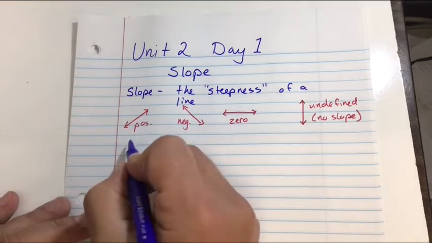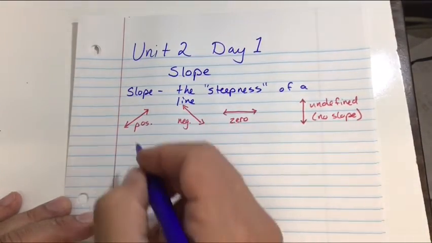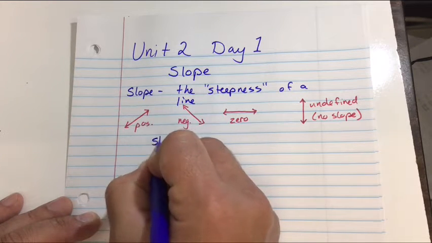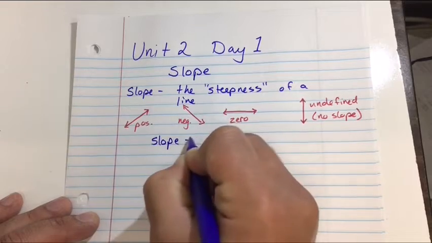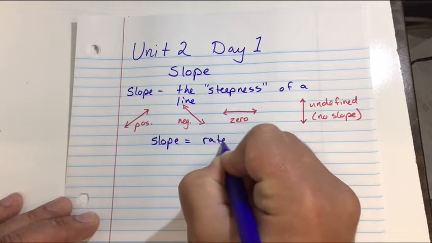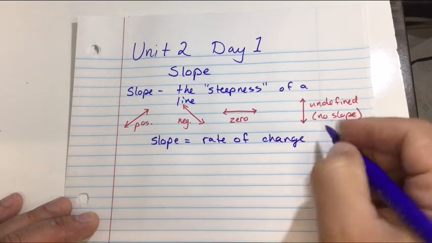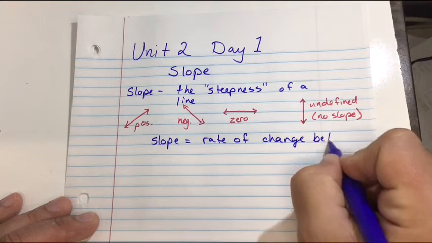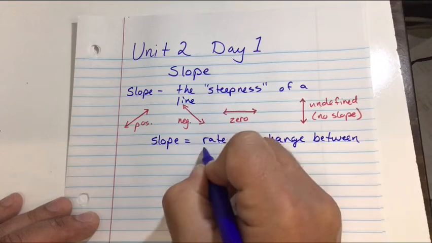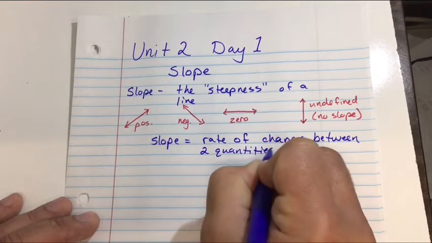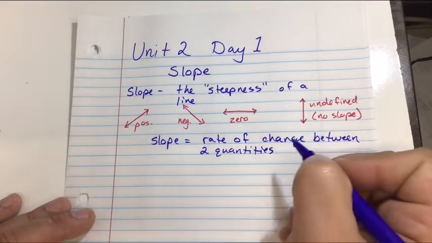In general, while slope does mean the steepness of a line, if I gave you a real-life situation with words, like a word problem, slope would be a rate of change between two quantities, meaning two measurable values, your x's and y's.